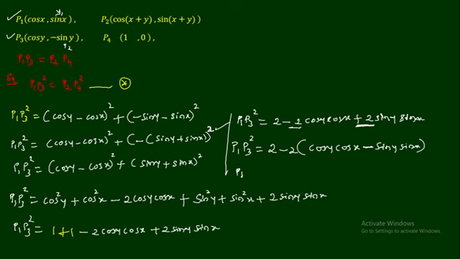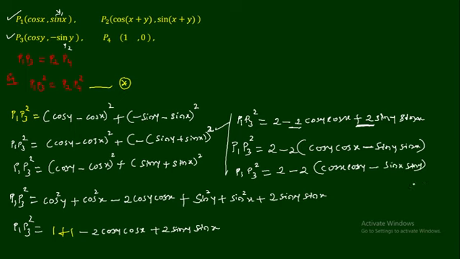Then finally I can reach P1P3 square is equal to, don't cancel plus 2 minus 2, that is the most funniest step here. Don't cancel out 2 minus 2 into bracket, just a formality. cos y cos x can be written cos x cos y because product AB, BA both are same, minus even sin y sin x, I'll keep it like sin x sin y.